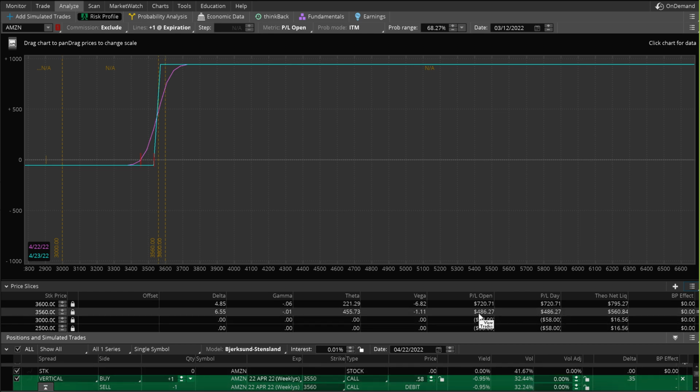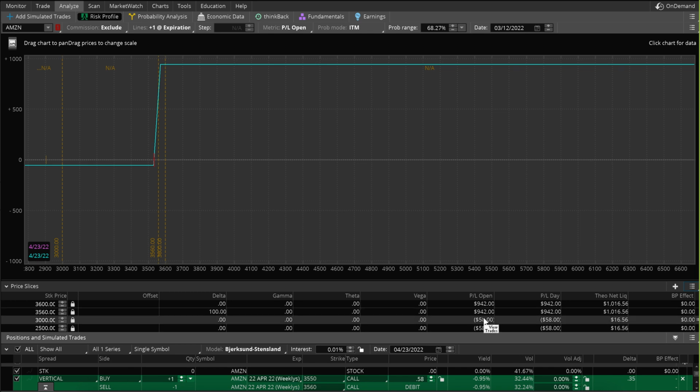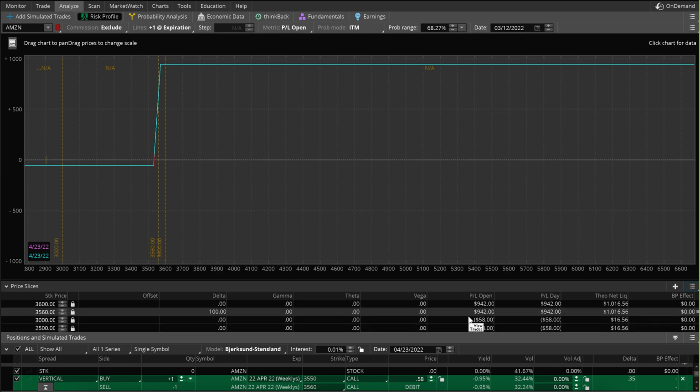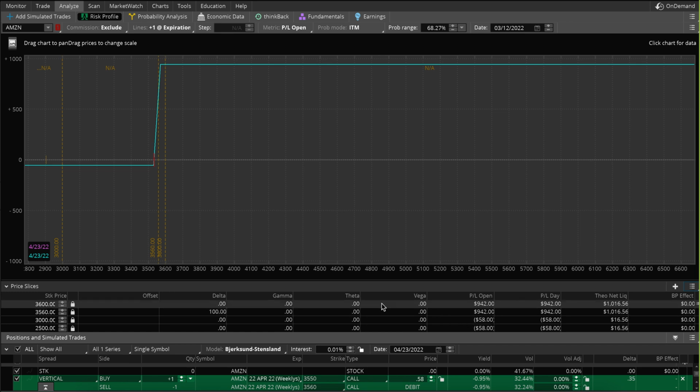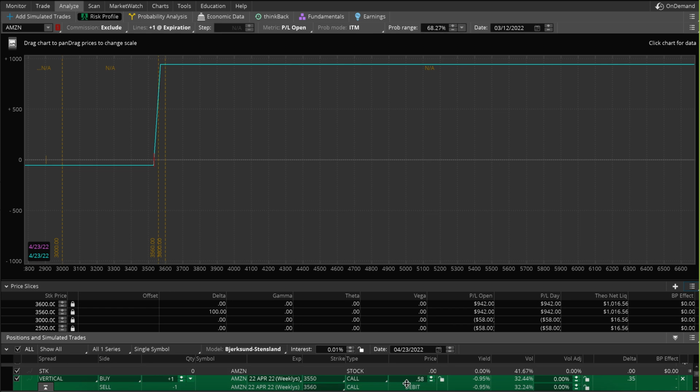Our profit would be $486, right? Whereas if we wait to expiration, it would be worth $942. Sorry if I caused confusion. I think I said like $90,000 earlier. All right, but yes, this is showing our profit, not the price of the spread.